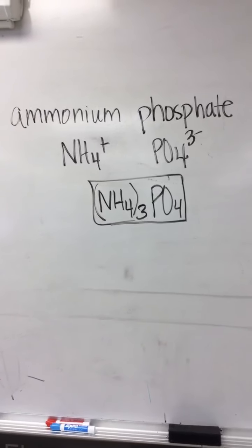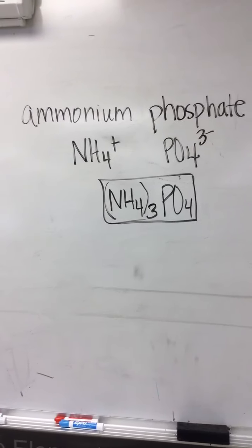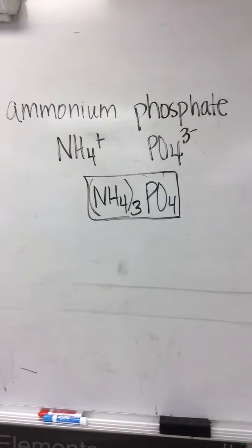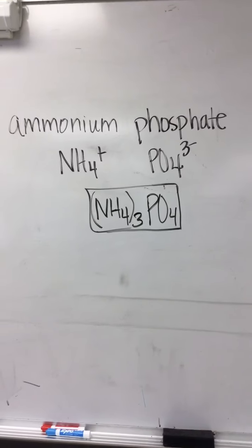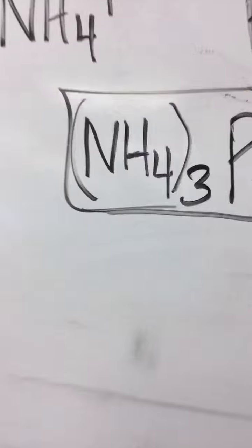Okay? So we're creating ionic compounds using polyatomic ions, ions made of many atoms that function as a group as a whole. I can make things with a phosphate group. I can make something, say, instead of an ammonium, I can take something like a copper 2.